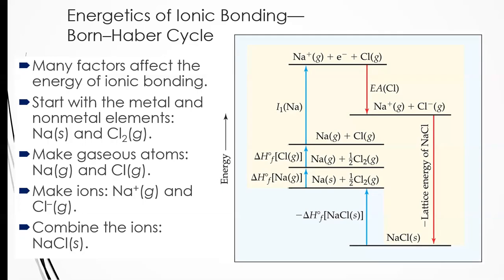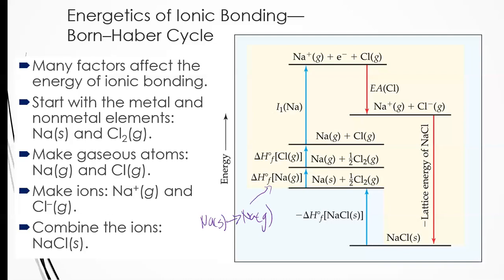So when we're going through this, this first transition is us taking Na as a solid and going to Na as a gas. So kind of like if we were to vaporize, first turning our solid into a liquid, and a liquid into a gas for our sodium metal.